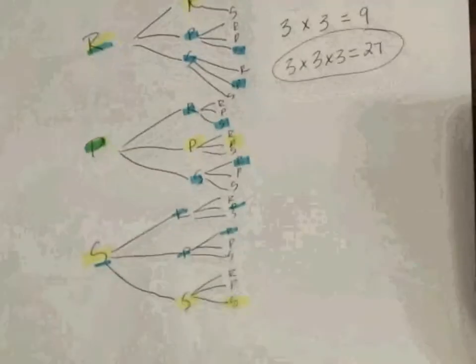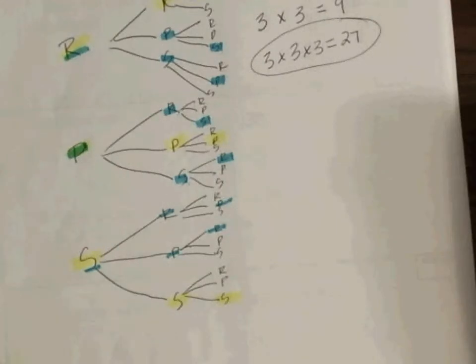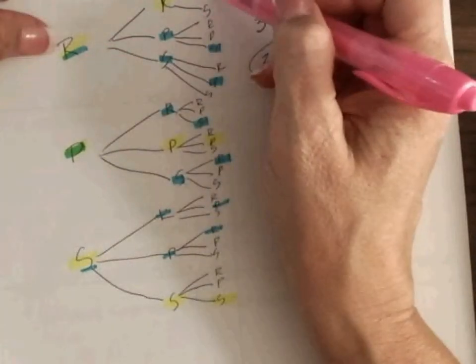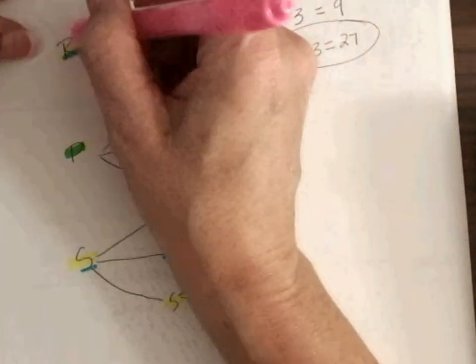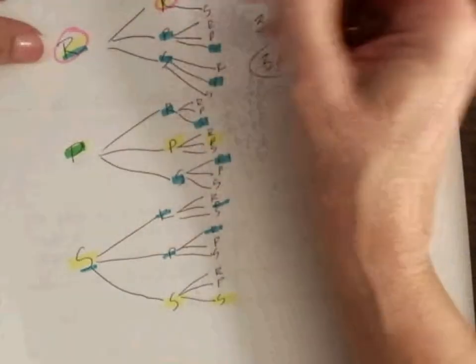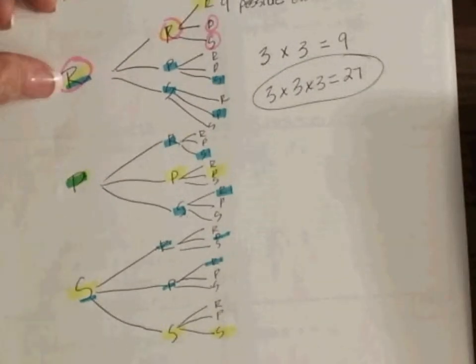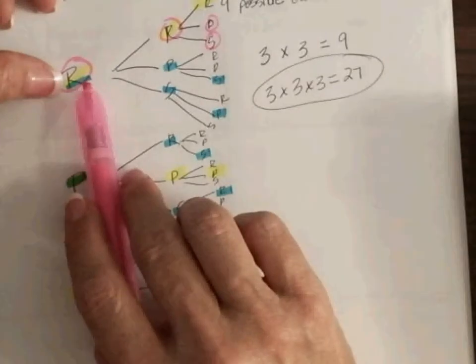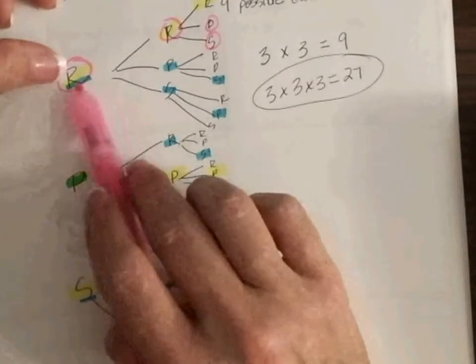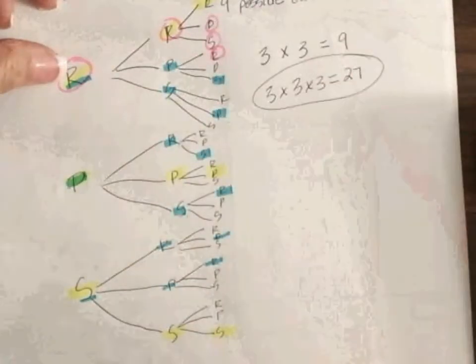Now see if 2 hands are the same. Let me get pink out for that. So we have rock. So we'd have rock, rock, paper, or scissors. So that would be 2. So rock, paper, rock.